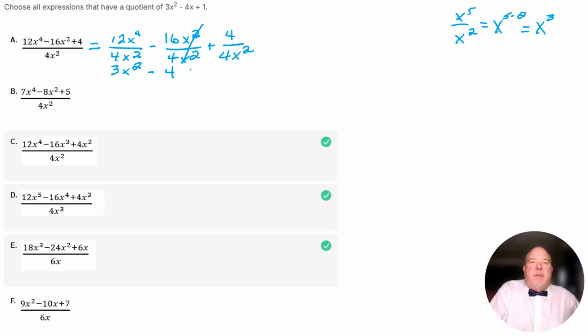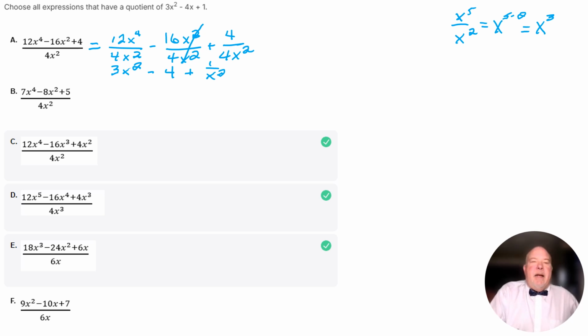And then plus, and by the way, if you look at what we're looking for, you can see this one doesn't work because it doesn't have the x there. But I'll go ahead and simplify it fully. And so the last one, 4 over 4 is 1. The x to the second is just left in the denominator, so I'm left with this, which clearly doesn't match our answer. Okay, so A doesn't work.